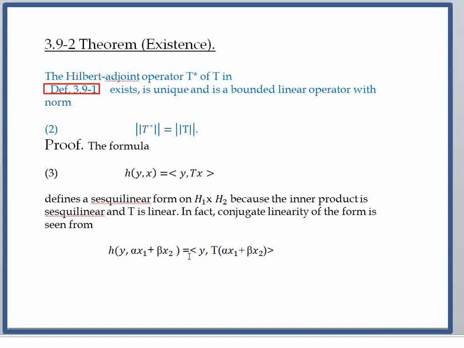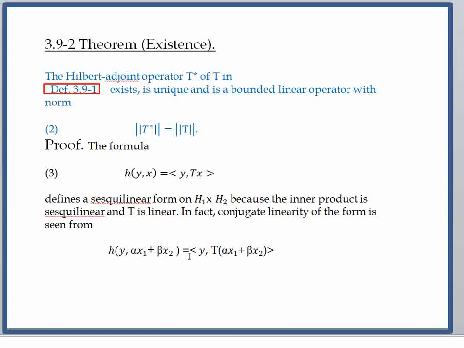which is unique. T is bounded, so T* will also be bounded. Now in the existence theorem, we will show that there is a Hilbert adjoint operator T* which is unique, and the norm of T* is equal to the norm of T. T maps elements of H1 to H2 and T* maps from H2 to H1.